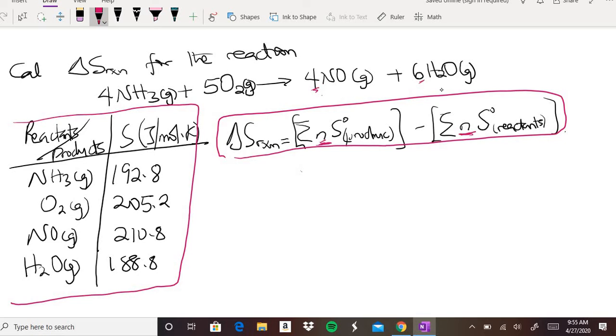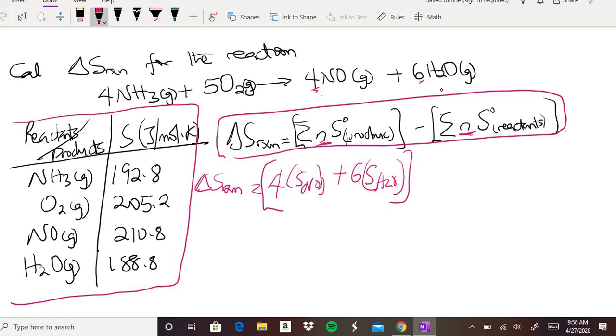So our delta S of reaction is going to be, this is a product, we have 4 moles of NO, so 4 into the entropy of NO, plus we have 6 of water, entropy of water.